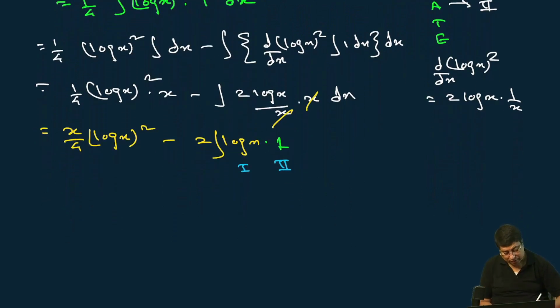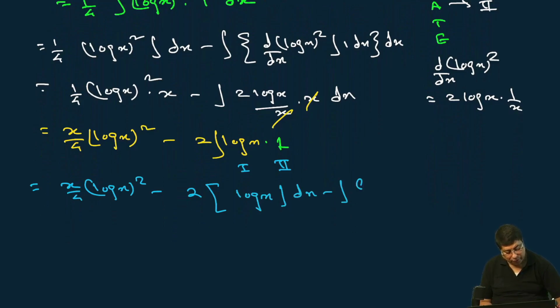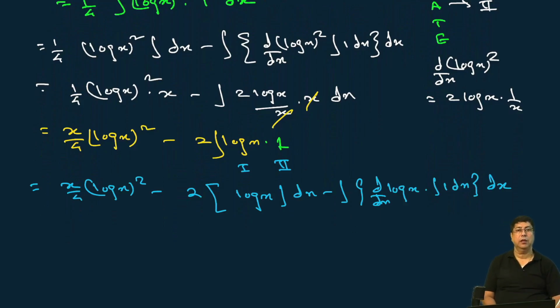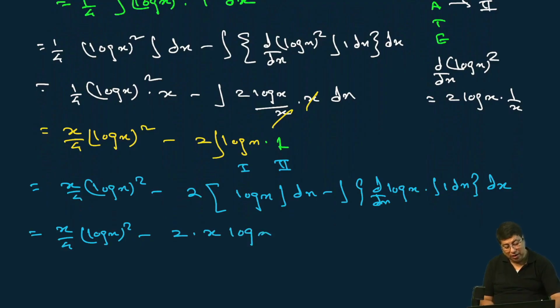So I can write here x by 4 log x whole square minus 2, uv formula, u integration of v minus derivative of log x integration of 1 dx on total dx. Therefore here it is coming x by 4 log x whole square minus 2, here it is coming x into log x, because the integration of dx is x.